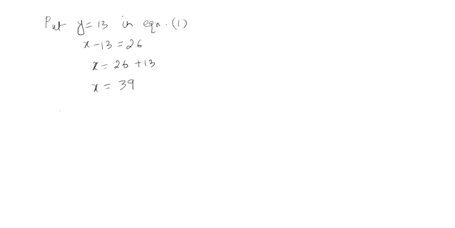So the answer, you have to always write the answer. Because this is a statement question, we have to write the answer as a statement. Therefore, the two numbers are 13 and 39.